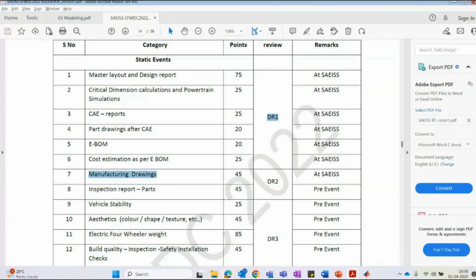The tolerances, surface finish. So the manufacturing drawing for the components that you have designed for your vehicle should have all the information. And one point I would like to also mention is that for the design report that you submit, we have all come across engineering drawings. So we have a format to report.